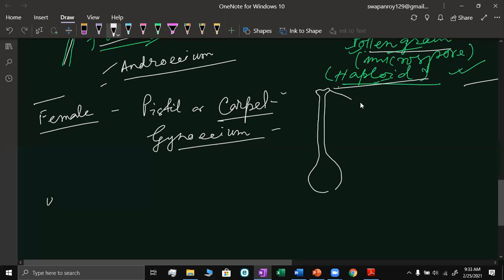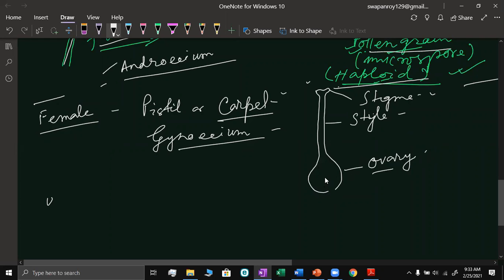At the top there is a stigma. Stigma is for receiving the pollen grain. Then a long or short stalk-like structure, that is the very nicely named style, and then the basal broad portion, that is the main part, and this one is called ovary.